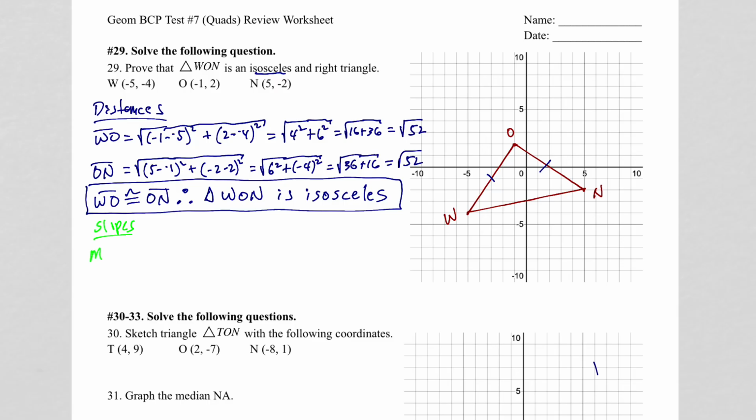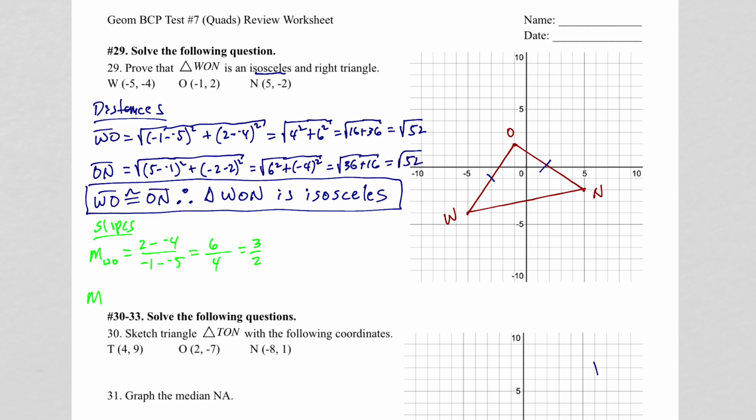The slope of WO is y2, which is 2, minus y1, which is negative 4, over x2, negative 1, minus x1, which is negative 5. So this becomes 6 over negative 1 plus 5, which is 4, which is 3 over 2.